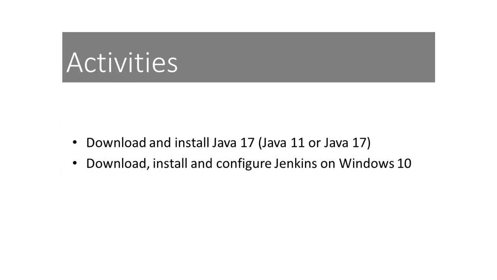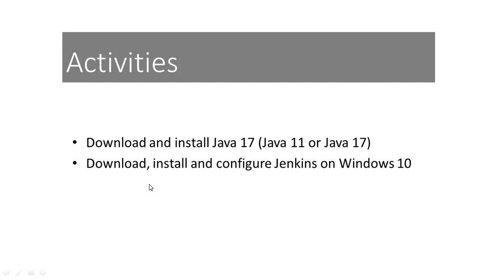In the process of doing this video, we will carry out some activities. The activities that we are going to be performing in this tutorial include how to download and install Java 17. Java 11 or Java 17 is recommended for Jenkins to run.